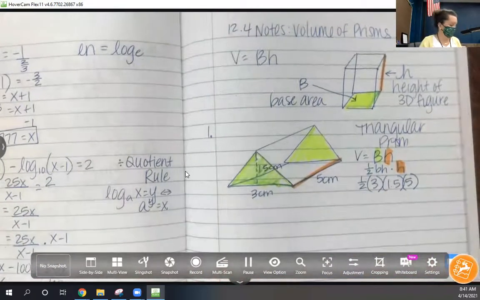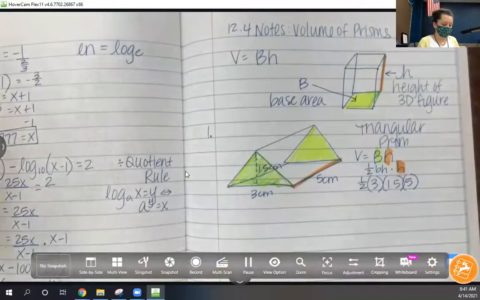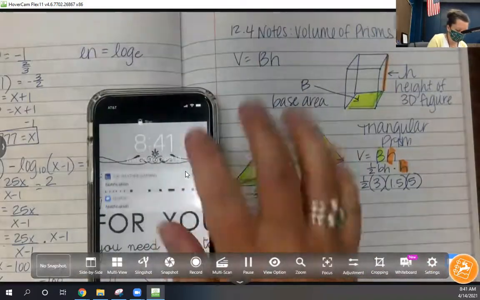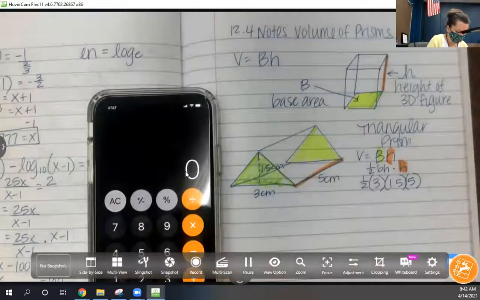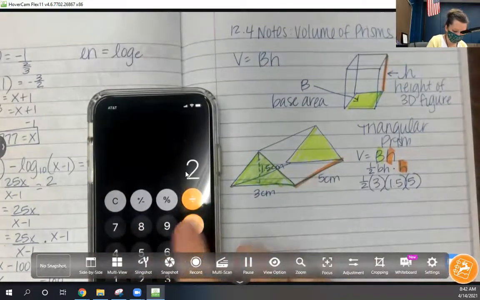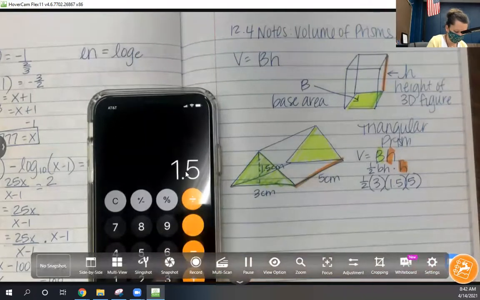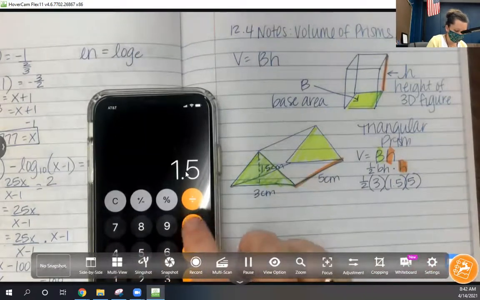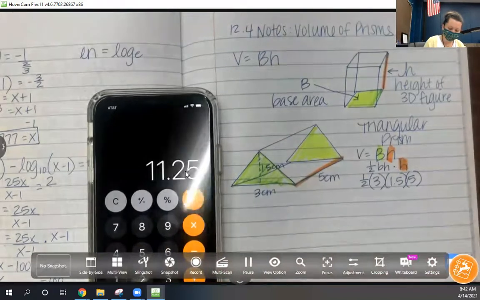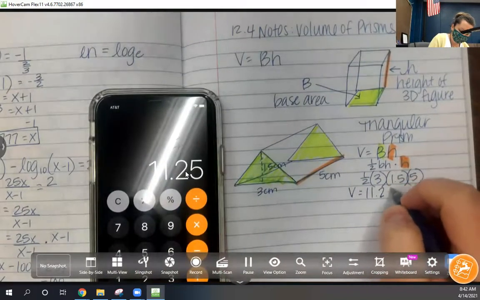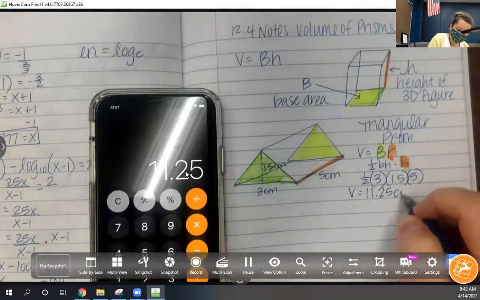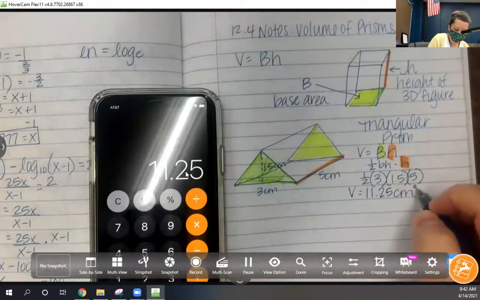So let's use our calculator to determine the volume of this triangular prism. I have 1 divided by 2 times 3 times 1.5 times 5. So the volume of this triangular prism is 11.25 centimeters cubed.